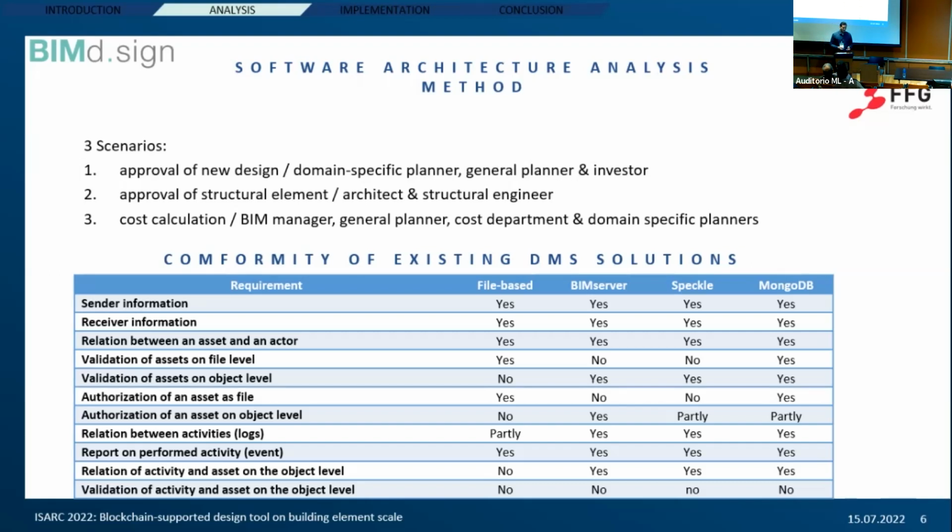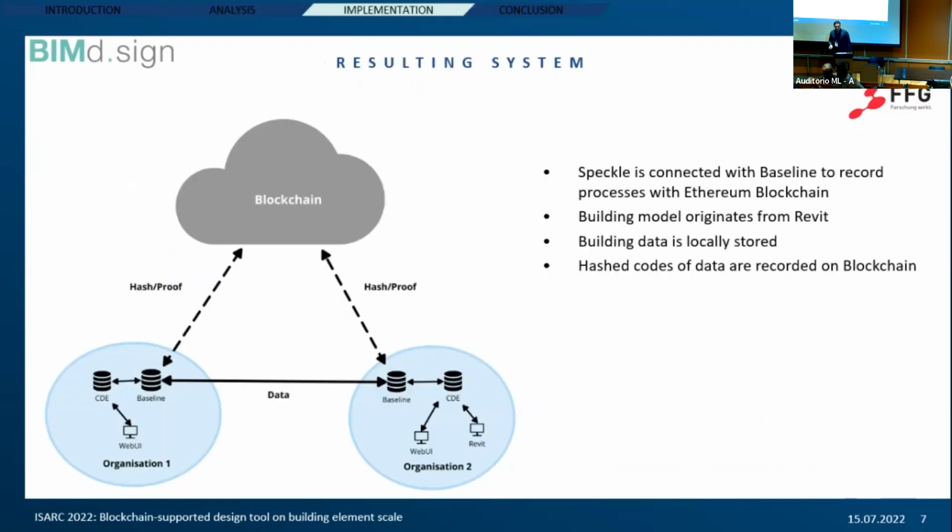Also, it resulted from not our research project, and we decided to use blockchain with Speckle. So this is an overview of our blockchain system architecture with Speckle. I'll just shortly explain it. We used Revit as a design tool, and after the end user uploads the design on Speckle, all the activities on Speckle are recorded on blockchain.